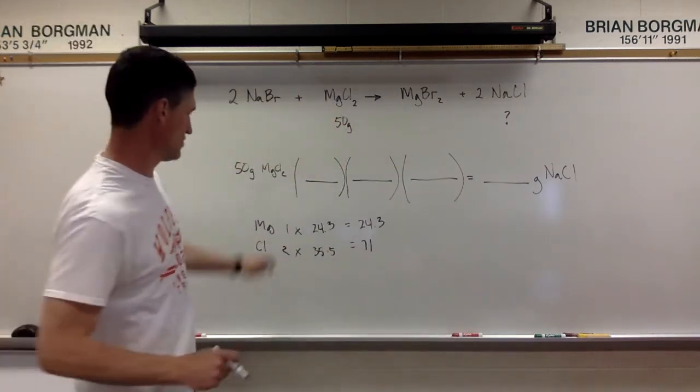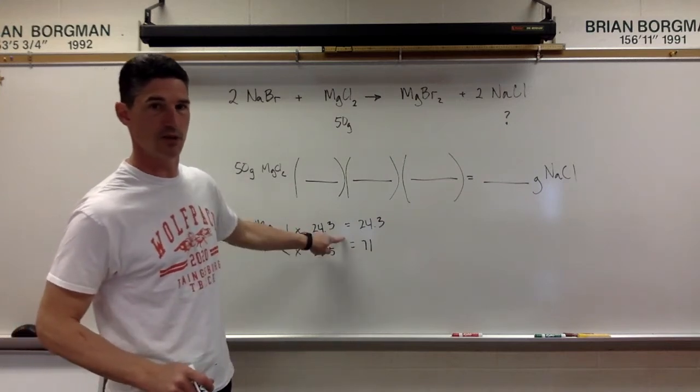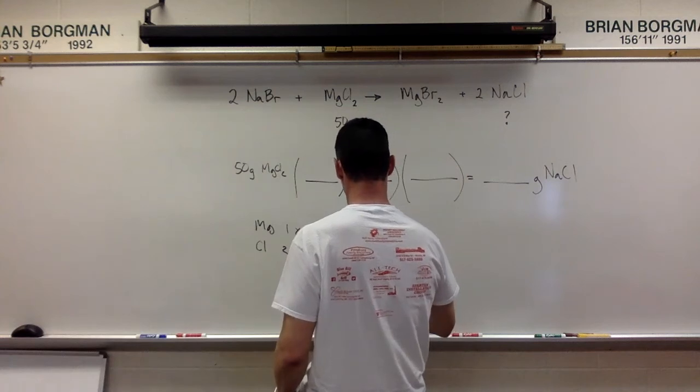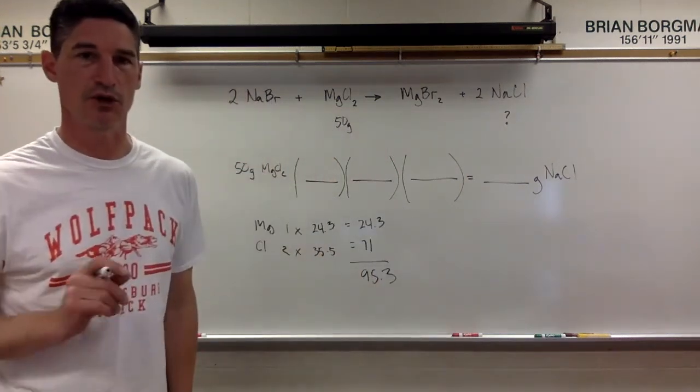Add those together: 1 times 24.3, because I have 1 magnesium, and 2 chlorines gives 71. So 24.3 and 71, add those up. I get 95.3. That's the molar mass.